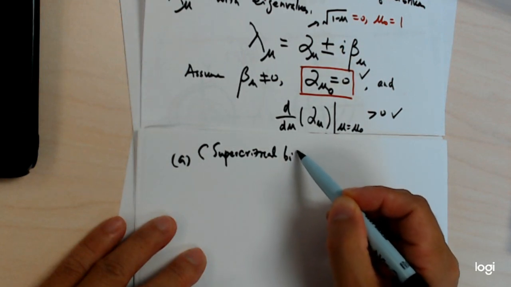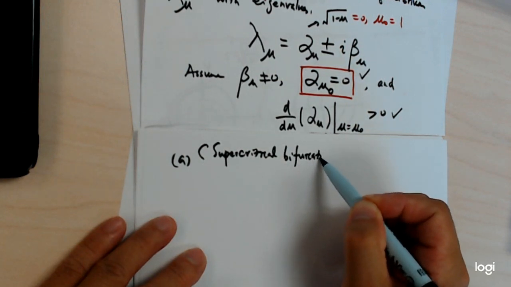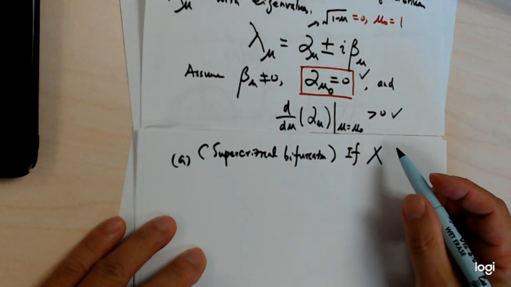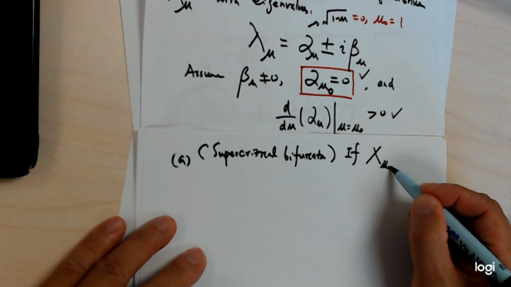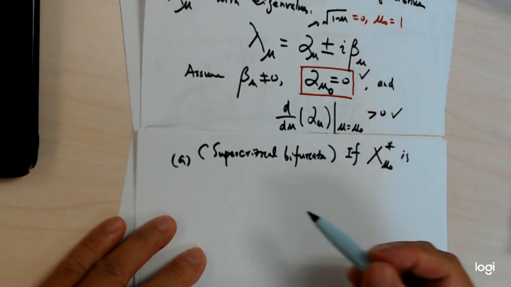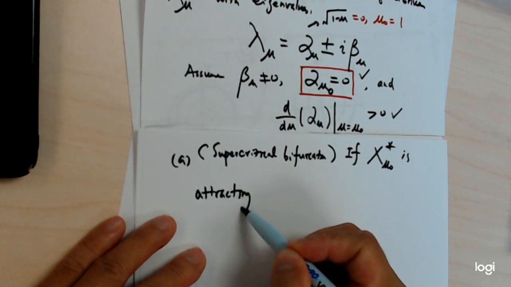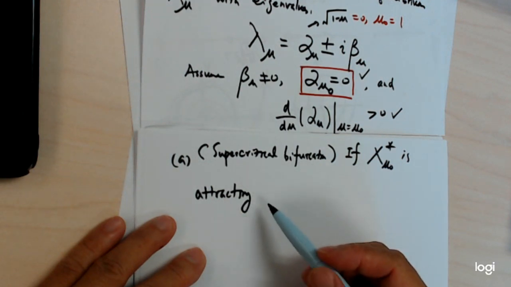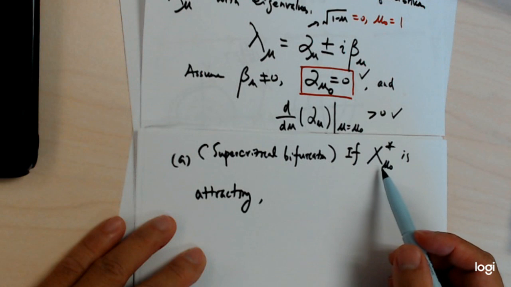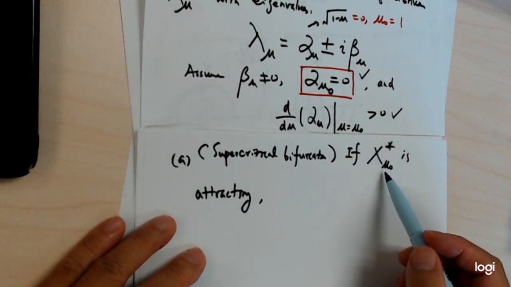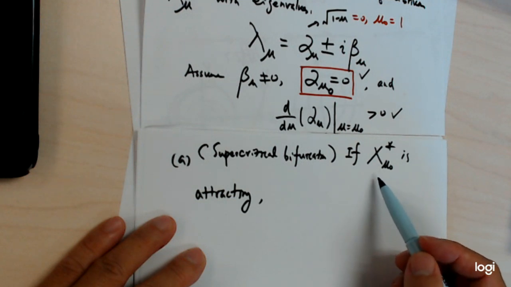Supercritical bifurcation. If this is attracting, in our previous example, this x star at mu naught will be 0, the origin.